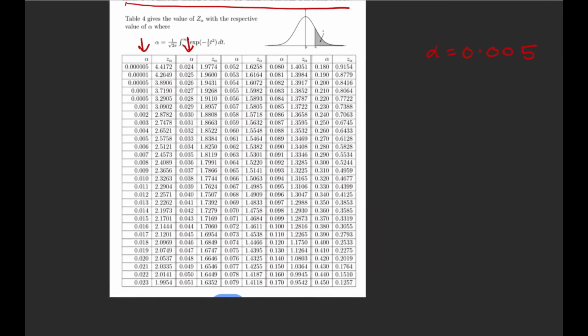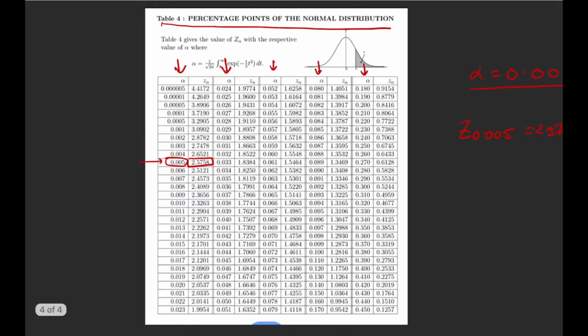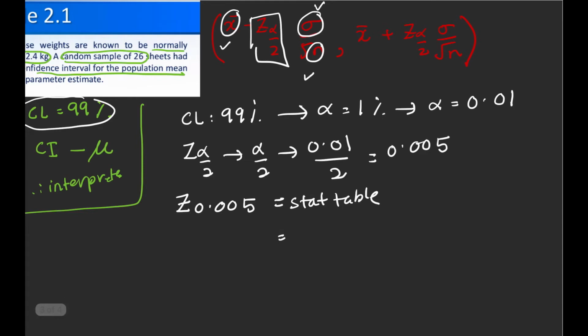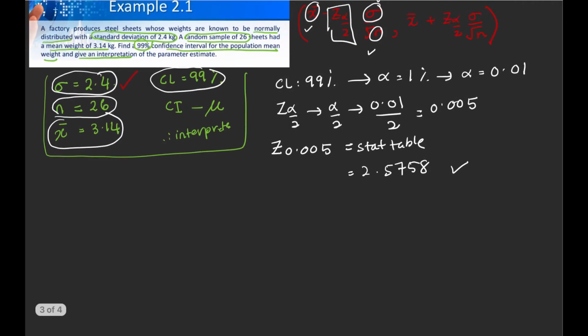Now our alpha is 0.005, so z 0.005 is equal to, look at the value to the right, 2.5758. Now you have the value of z alpha over 2.